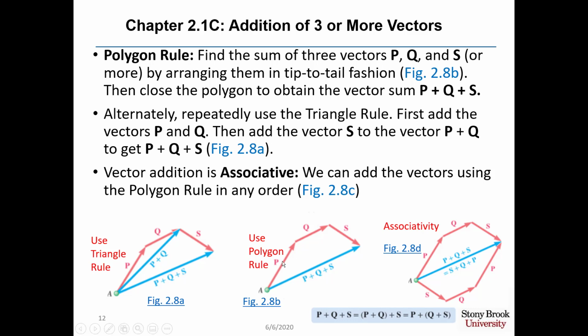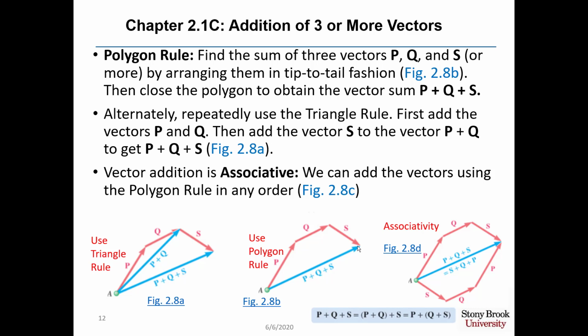So here is P, and then Q starts at the tip of P, and then instead of closing the triangle from point A to the tip of Q, we then bring in vector S, and S starts from the tip of Q and goes down and to the right, and then P plus Q plus S starts at point A and then goes to the tip of S.